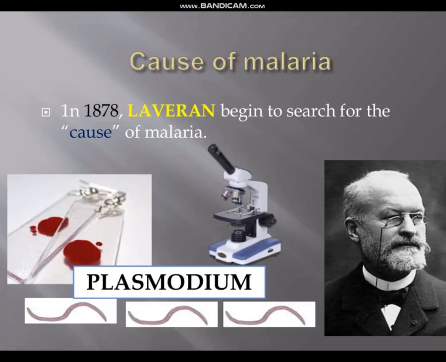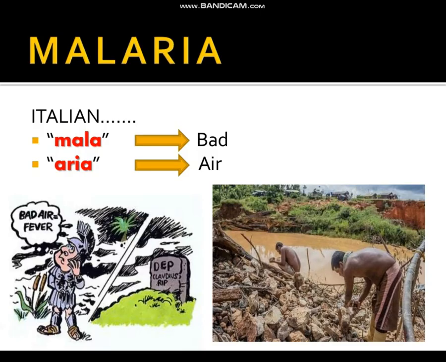Another observation of mine will be that malaria is caused by plasmodium, or I must say that living human beings who have malaria must have plasmodium in their blood. An Italian scientist said that malaria means bad air, polluted air.